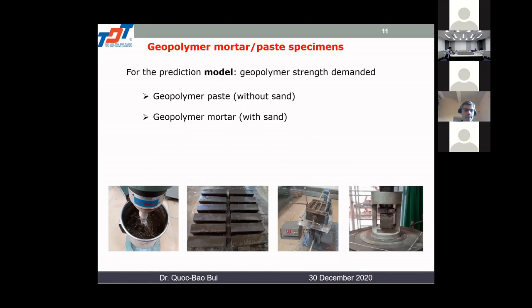The first one is geopolymer paste, that means just a geopolymer without sand. And the second one is geopolymer mortar with sand, which is in general used in the standard. Because for geopolymer we don't have a lot of standards, we try different types.